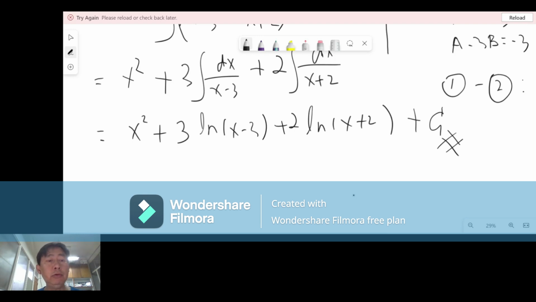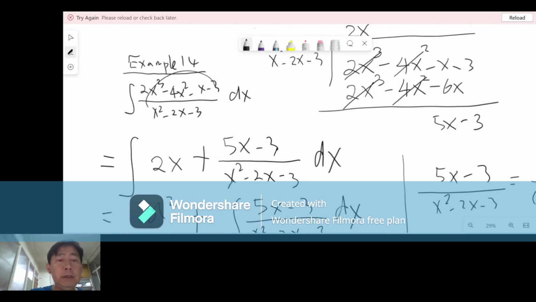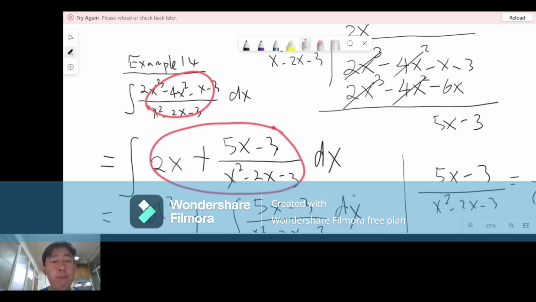As a conclusion, in order to perform an integration on an improper fractional function using the method of partial fractions, we have to first reduce the improper fractional function into a proper one.